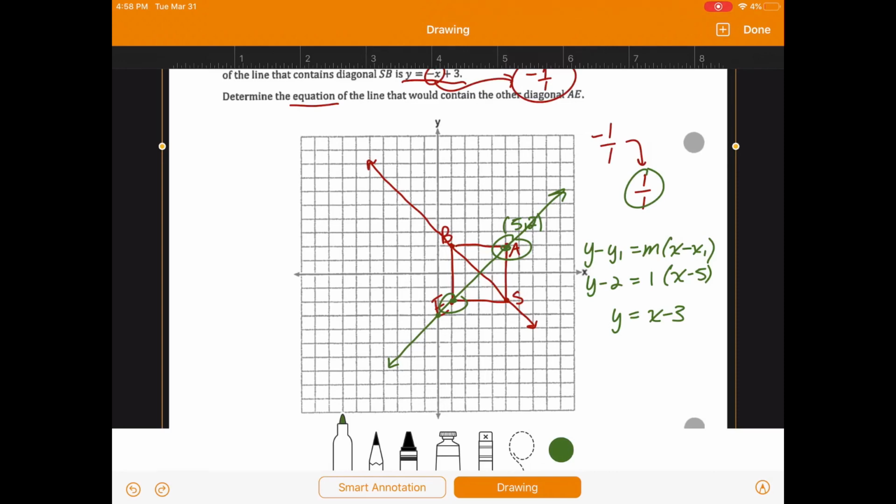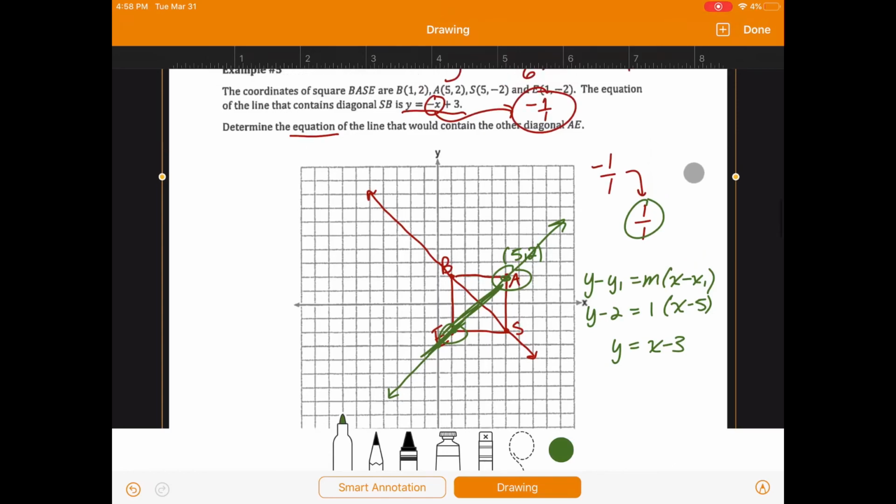Or you could just connect E and A and then figure out what the equation of this line is based on counting boxes, and doing the slope-intercept formula just like you used to do. So whatever way works for you is going to be fine, unless it told you a specific way to do it. If it said you have to use the point-slope formula, then you have to use the point-slope formula. But if it doesn't say how to do it and you just need to come up with the equation, then do it whatever way you think is best for you.